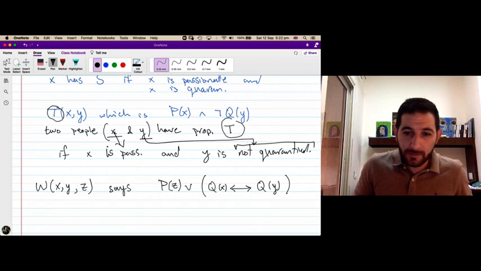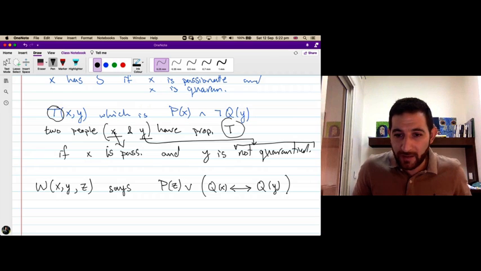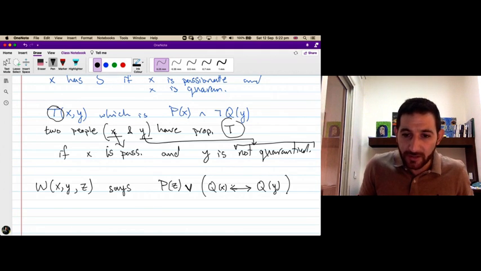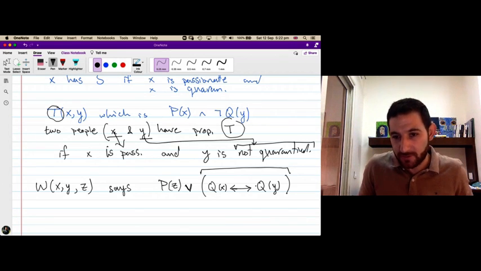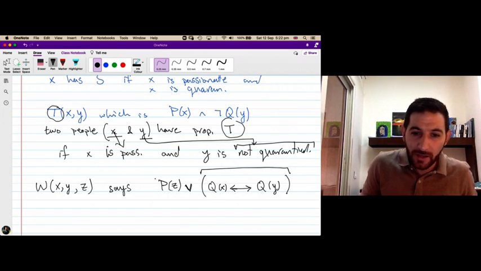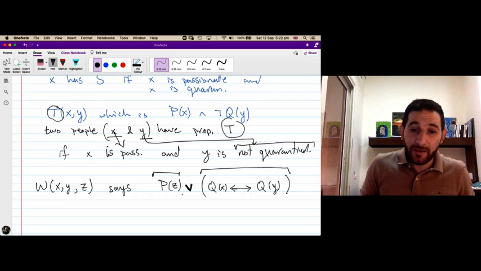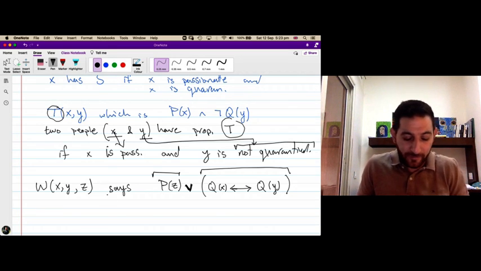Here we have Q of x, Q of y. These are two predicates. We think of them as propositions, so we use the biconditional connective to connect them, and here we use the disjunction to connect this proposition. So when we substitute values for x and y, this is a proposition, and this is a proposition. We connect these two with the disjunction connective. Now, if this is true, then x, y, z have property W.